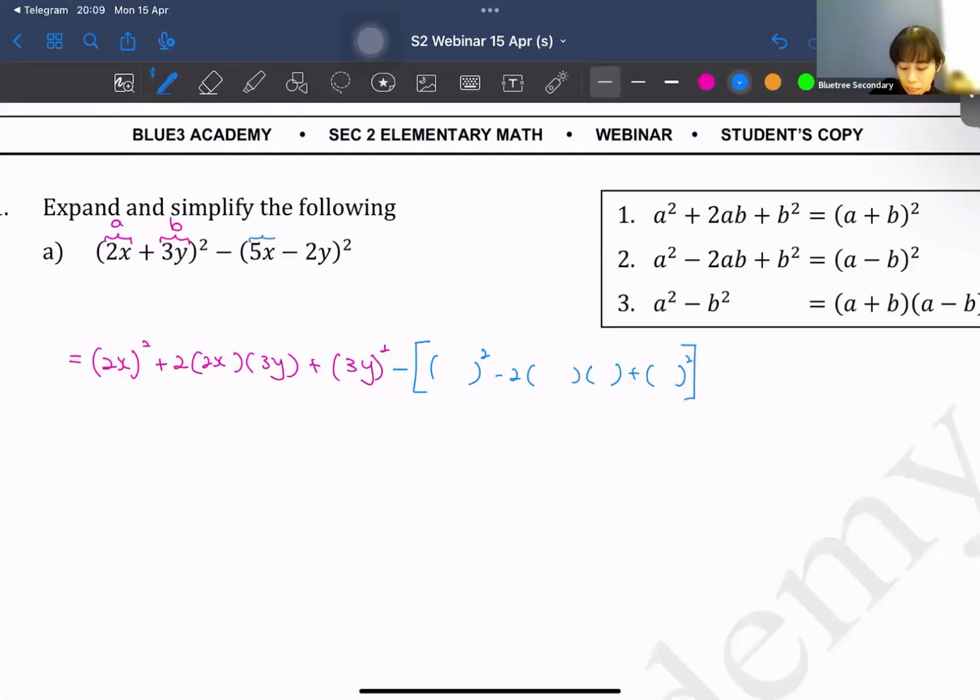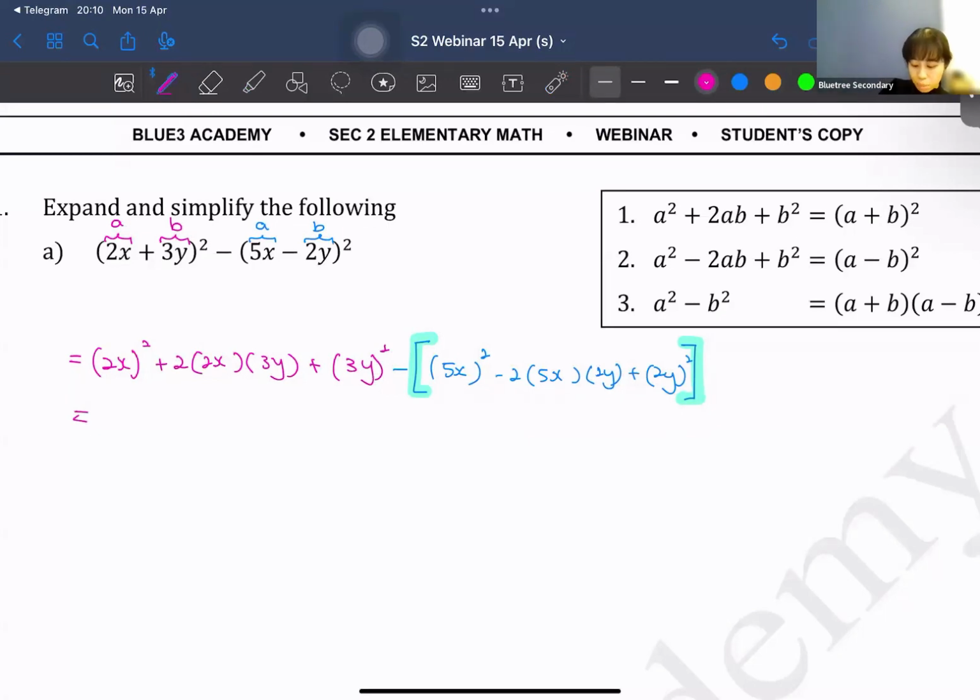And in this case, my a is the 5x and my b is the 2y. So like I mentioned, the common mistake that students do is they forget to put in this bracket. This negative sign applies to my entire expansion on the right. If you don't put the brackets, essentially your answer is going to be wrong.